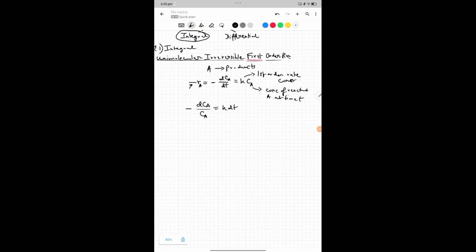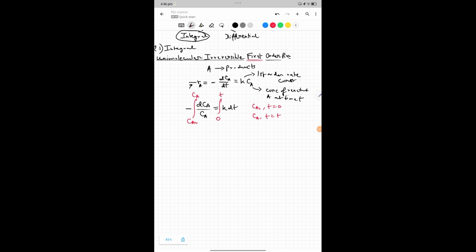Now we can integrate this from initial concentration CA0 at time t equal to 0 to final concentration CA at time t equal to t.